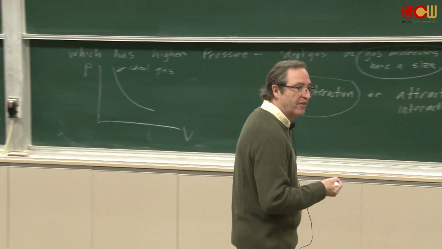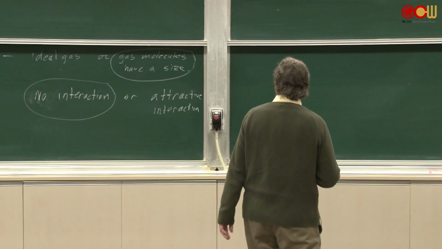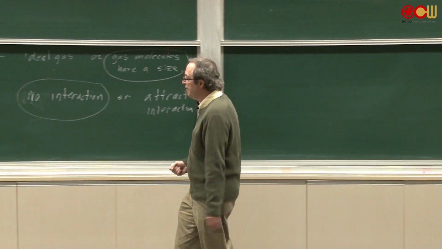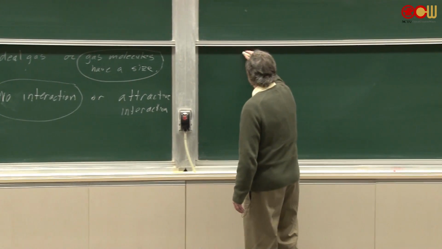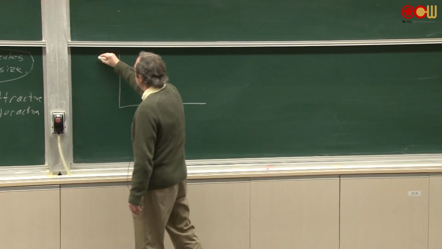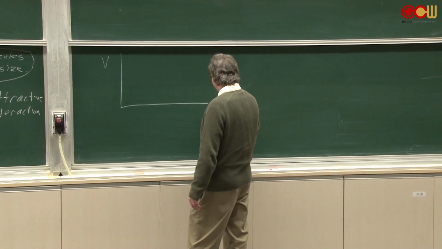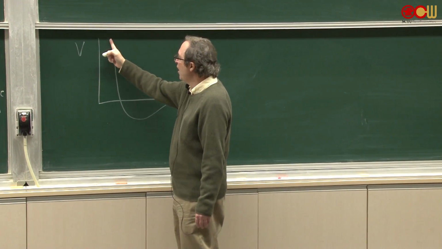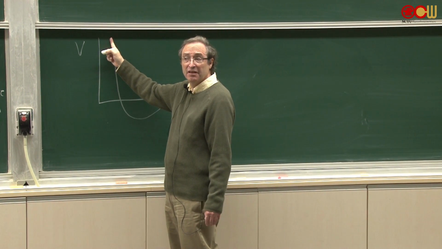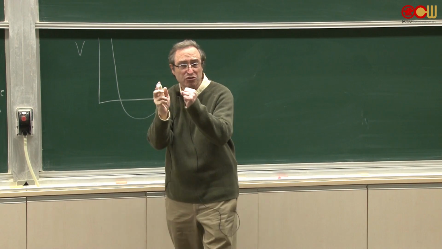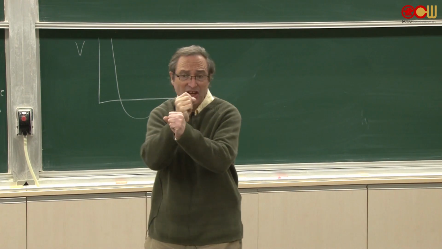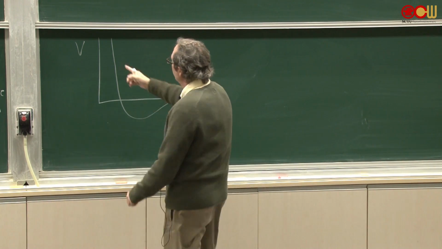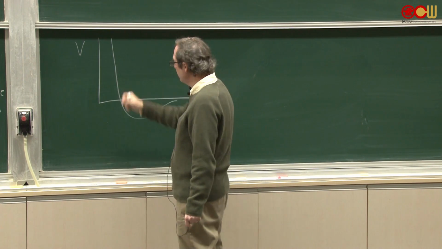All right? So let me help you with this. I'm going to draw what the interaction actually looks like. If I draw V versus R, it turns out that it looks like this. Very high repulsion due to the size of the particles. Two particles can't get inside each other. All right? Very large repulsion here.